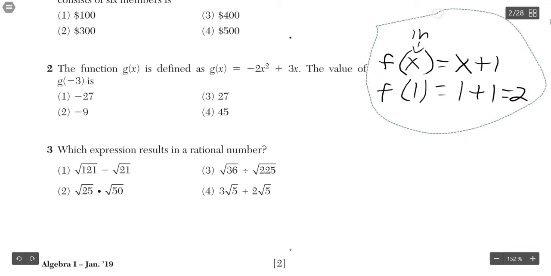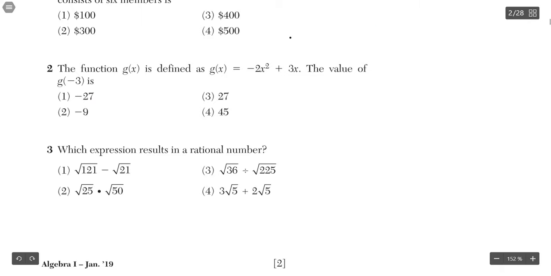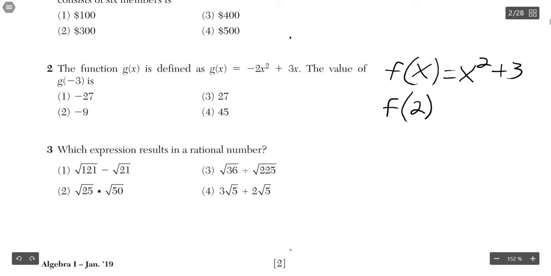I can have another function machine that takes whatever you put in, squares it, and then adds 3. So if I put in a 2 into this machine, it's going to take the 2, square it, and add 3. Right, 2 squared is 4, plus 3 is 7.